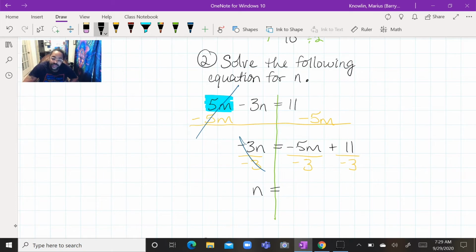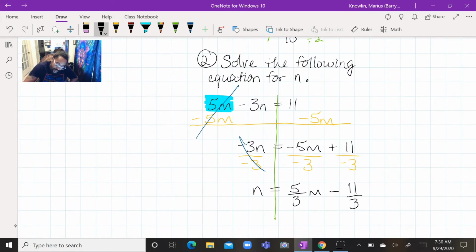I'm going to write it as the sum of some fractions, and then I'm going to write it as an entire fraction. A negative divided by a negative is a positive, and 3 can't go into 5, so this would just be 5/3 m minus, because a positive divided by a negative is a negative, I would just write minus 11/3.